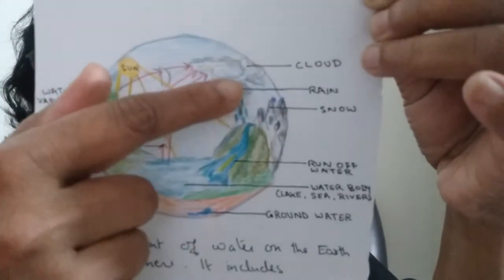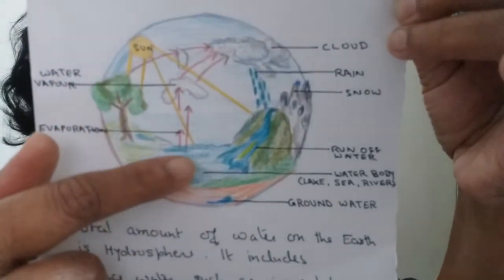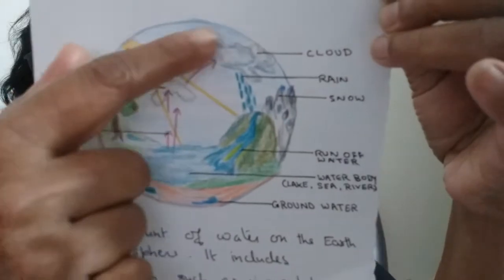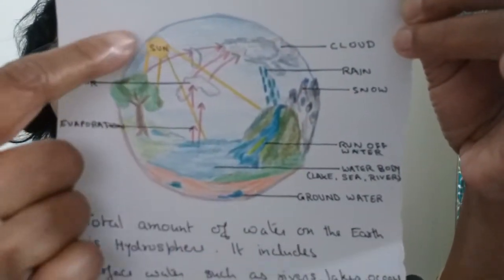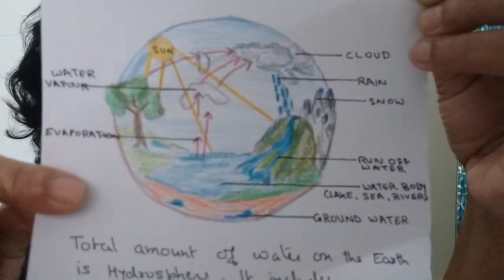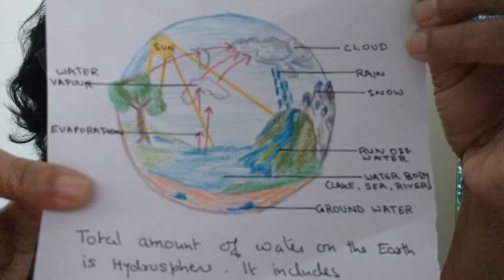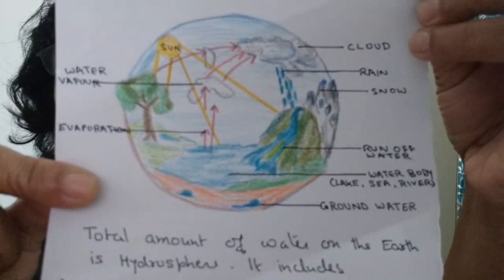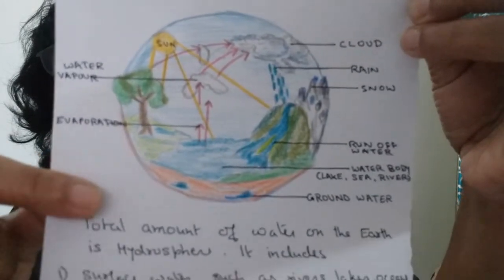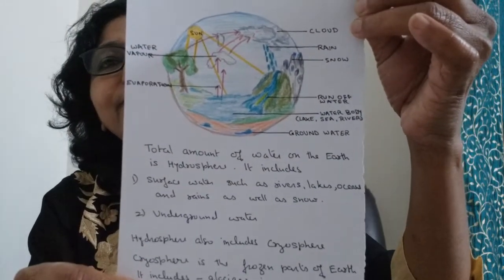Then the clouds precipitate and come down as rain back to the earth. So this cycle goes on and this is called the water cycle. And the water is continuously recycled. So this is how the hydrosphere works.